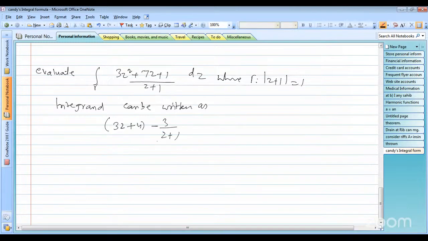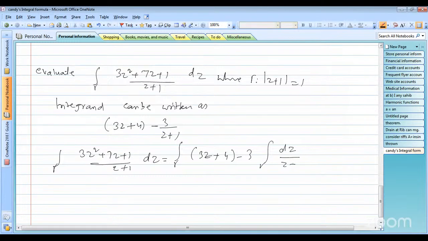That means 3z square plus 7z plus 1 by z plus 1 is simplified, and the integral is the integration over gamma of (3z plus 4) dz minus the integration over gamma of dz by (z plus 1).